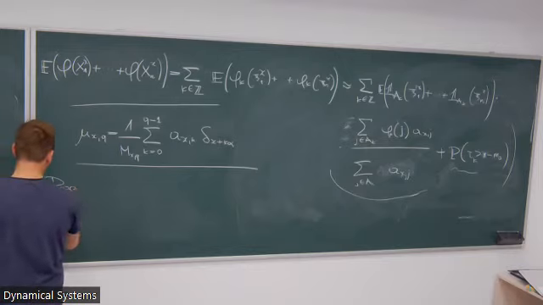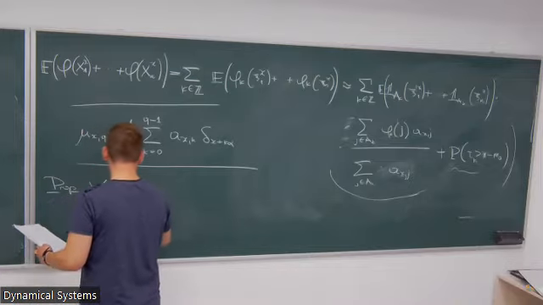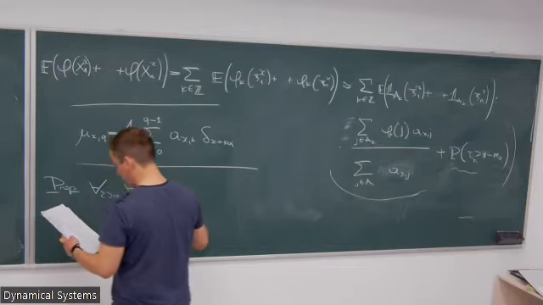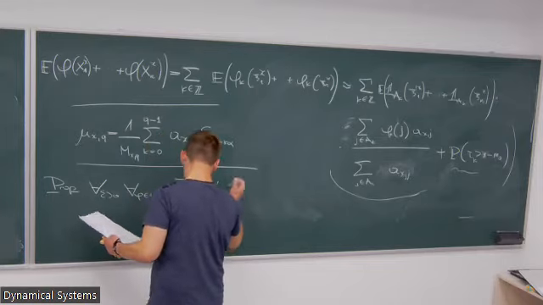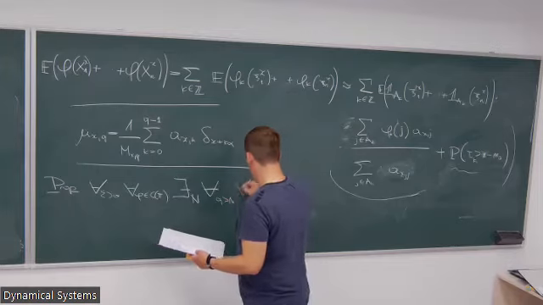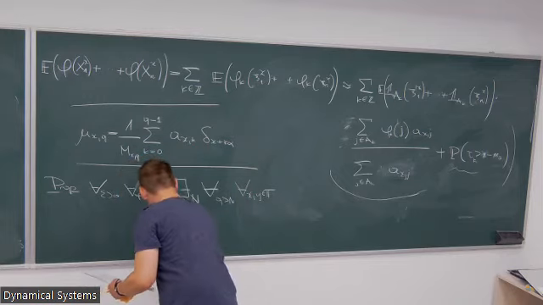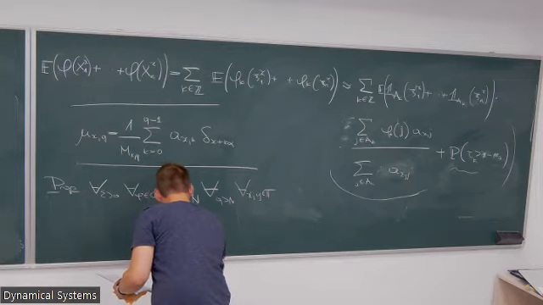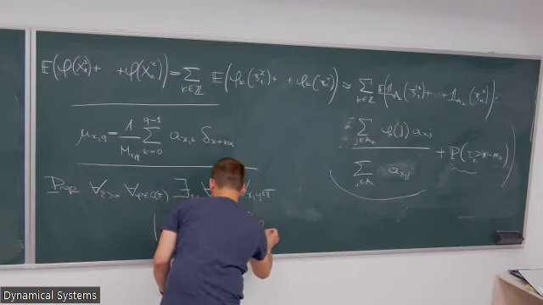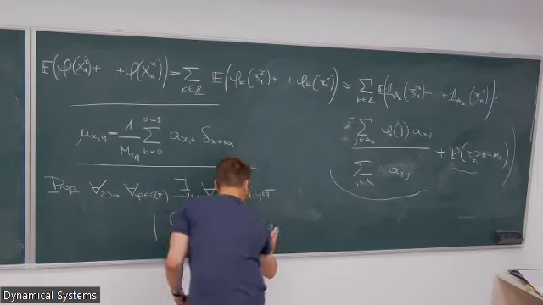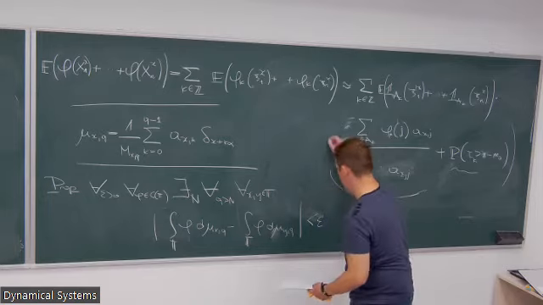And the key proposition is the following: for every epsilon and for every continuous phi, there exists N such that for every q greater than N that is a closest return time, and for every x, y in T, the circle, the integral of phi with respect to d mu_{x,q} minus the integral with respect to d mu_{y,q} is less than epsilon.